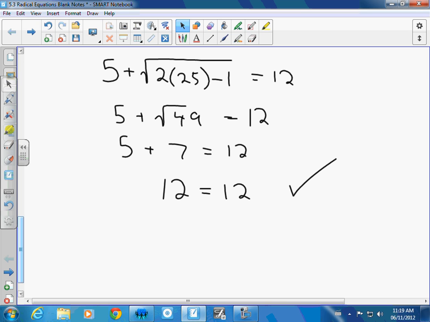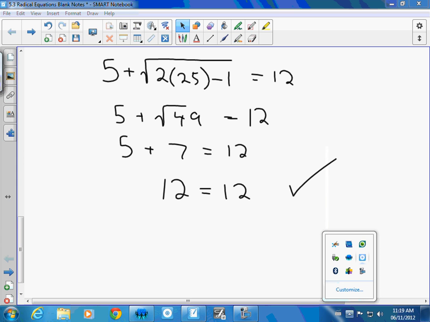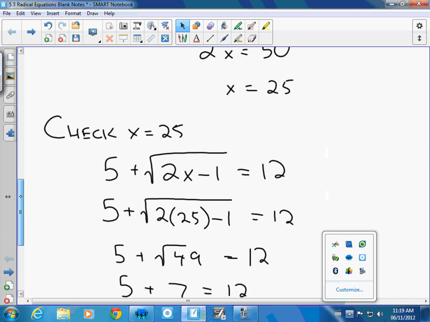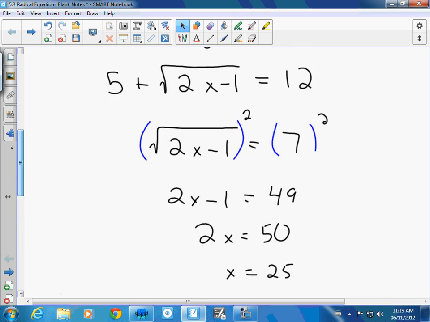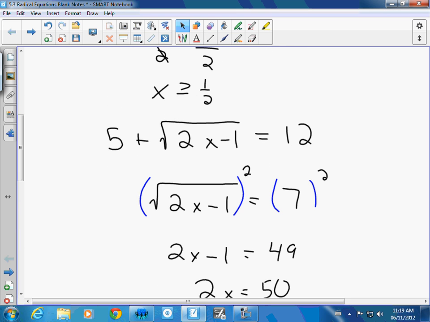Guys, quiet, please. So the number is supposed to equal 12. Well, it has to equal whatever it's equal to on here. Okay. Now look back at what we did here, guys. To solve this is really quite easy. Think about what we did here to solve this. What did we isolate? What did we try to get by itself?